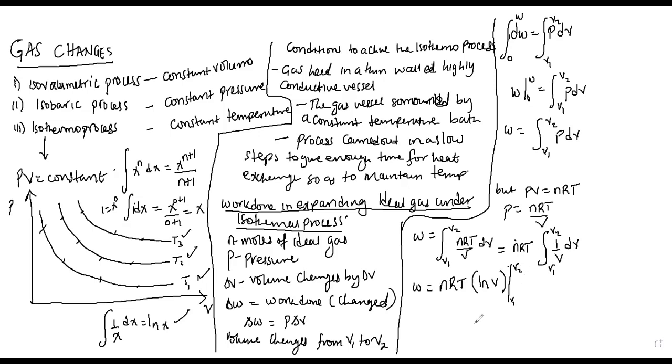Therefore, this will imply that we get nRT. When I write natural log in its full form, it's log to base e of V2 minus log to base e of V1. But because these are logarithms, it's the same as nRT times log base e of V2 over V1.